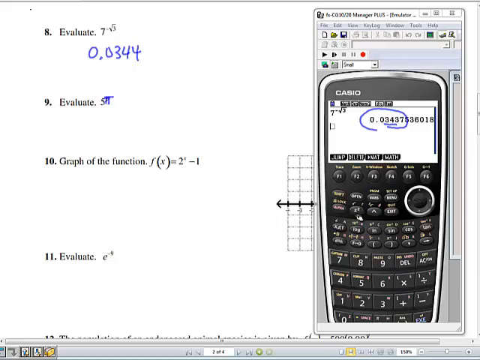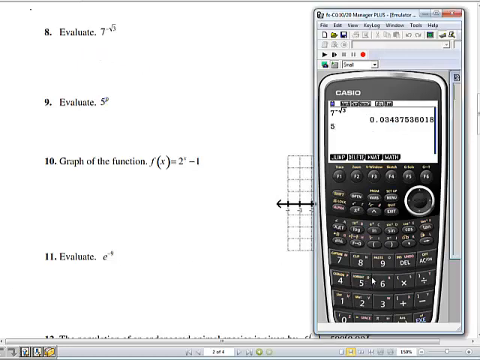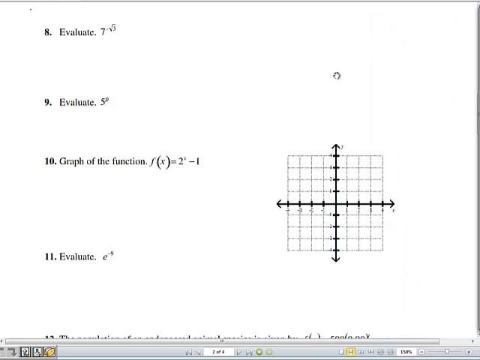Alright, so we're going to put that in my calculator, and then we go 5 to the pi, which is 156.993, because that 5 makes that a 2, a 3. And now graph this.